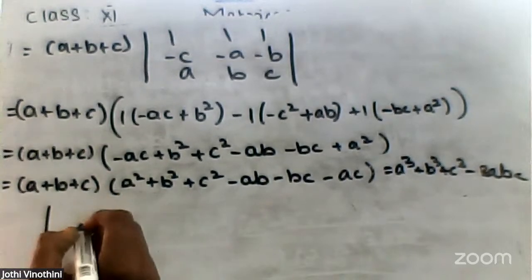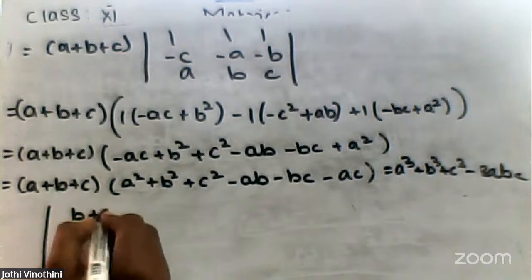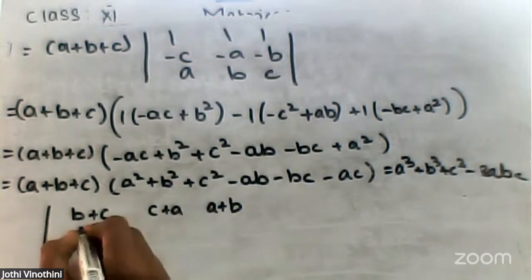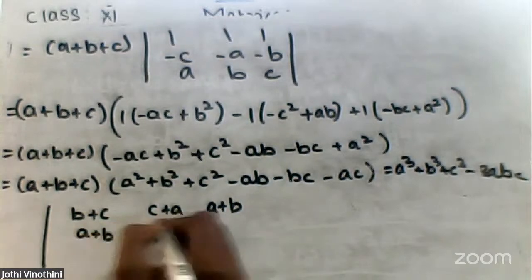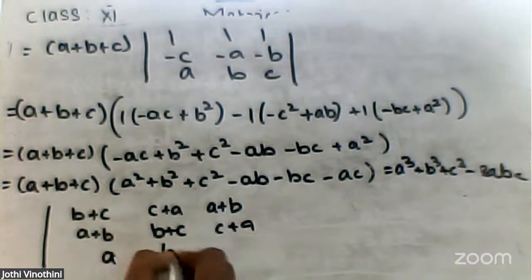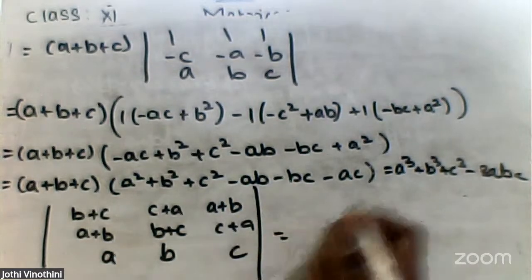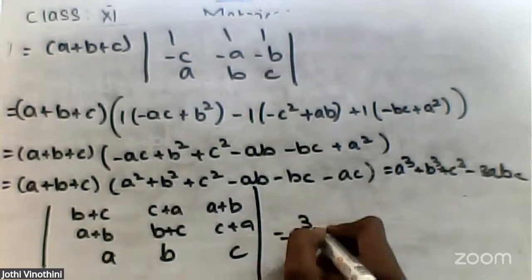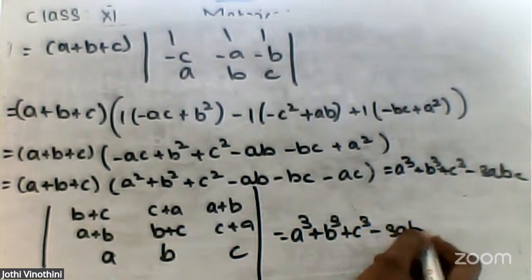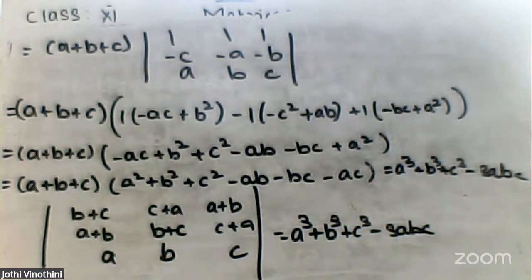So what is the given matrix? It is B plus C, C plus A and A plus B; here A plus B, B plus C and C plus A; ABC. Which equals what we found, A cube plus B cube plus C cube minus 3ABC. This is what we have to prove. So we can finally write: hence proved.